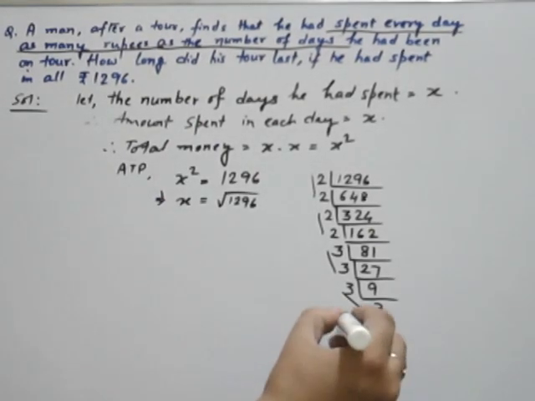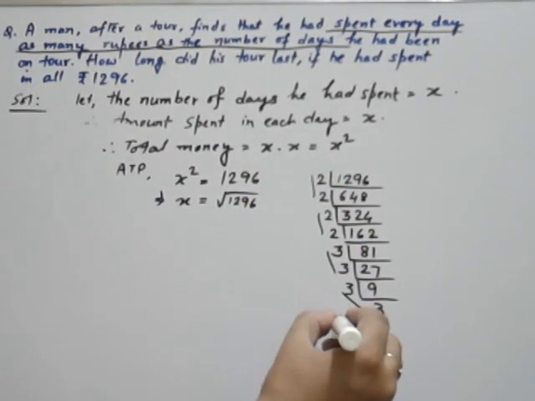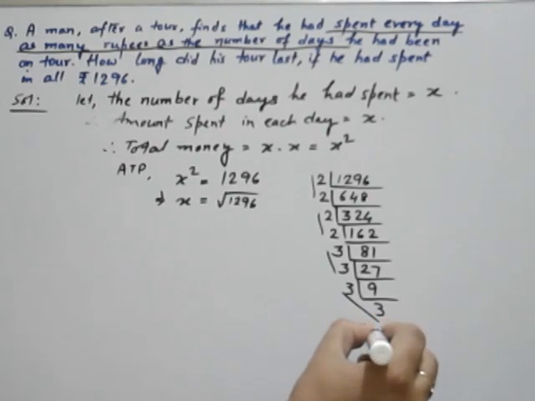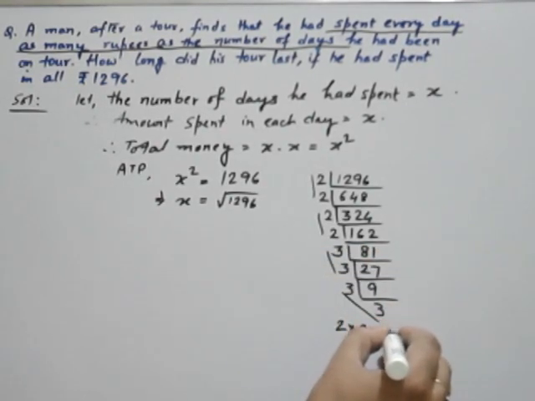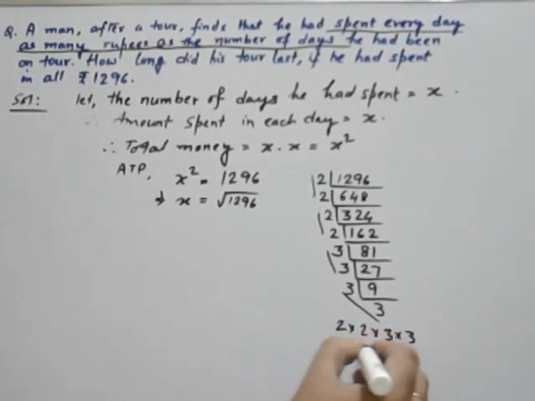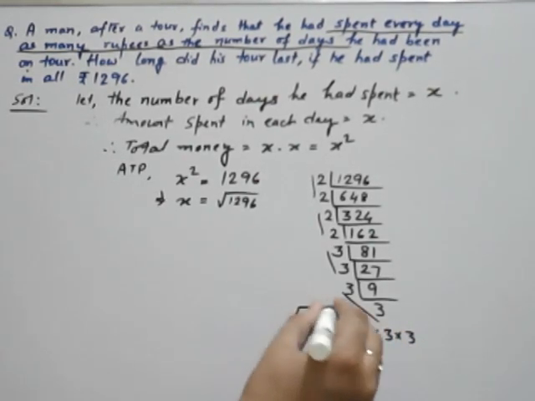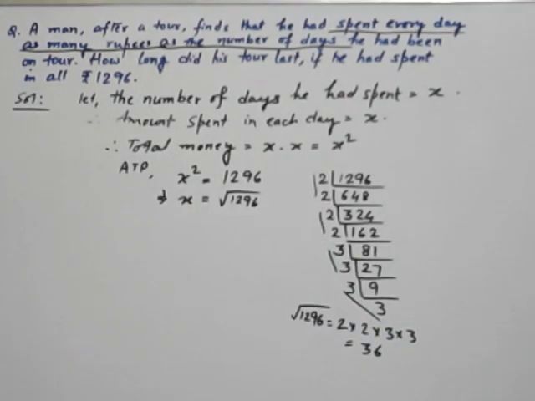So take one factor from each pair. So square root of 1296 is 36.